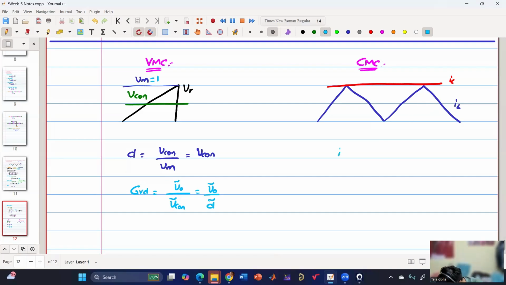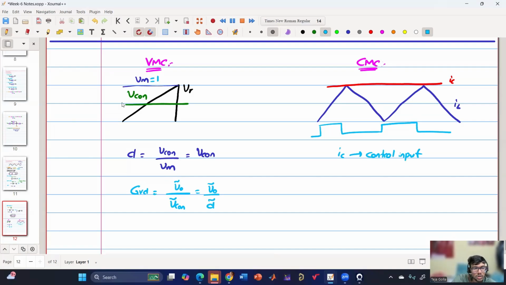So here our IC is the control input, because the duty ratio is varied depending upon my IC. I am not directly generating the duty ratio. My controller output is IC and that is passed through the modulator to generate the duty ratio.